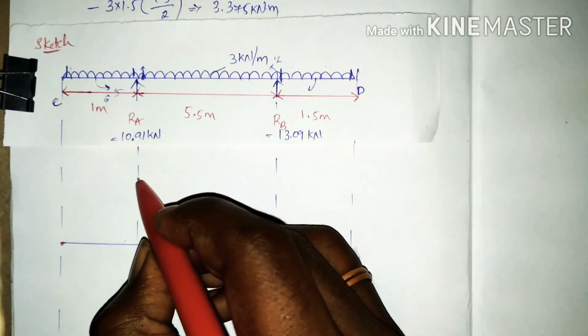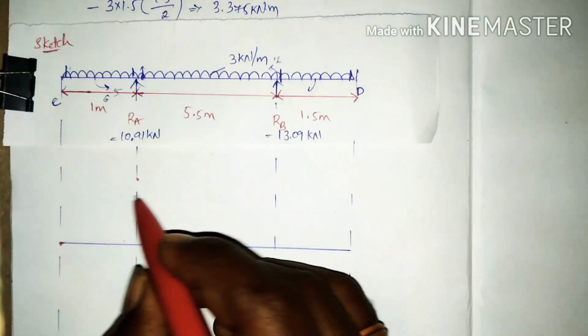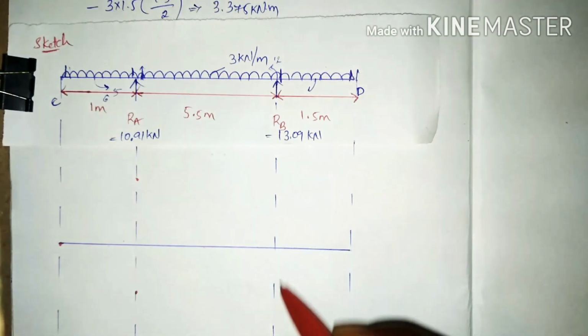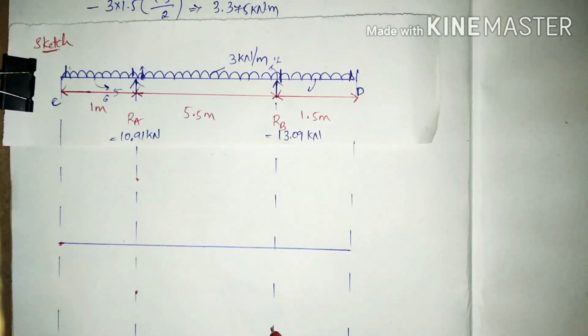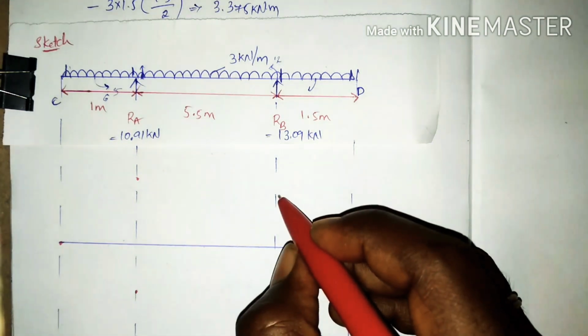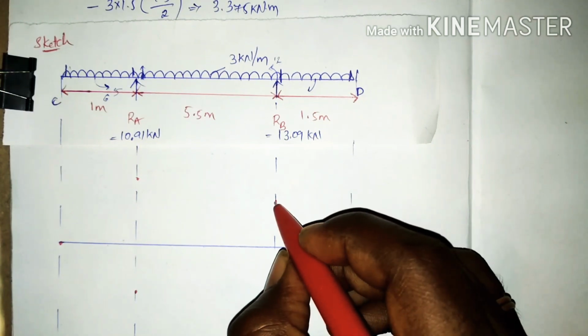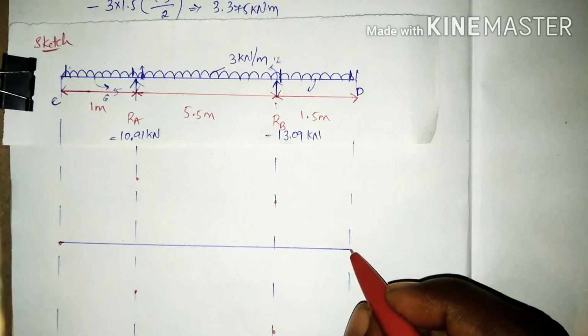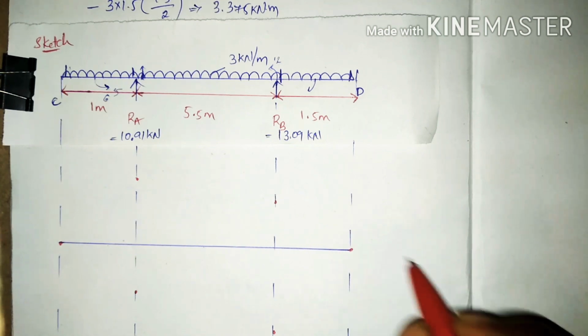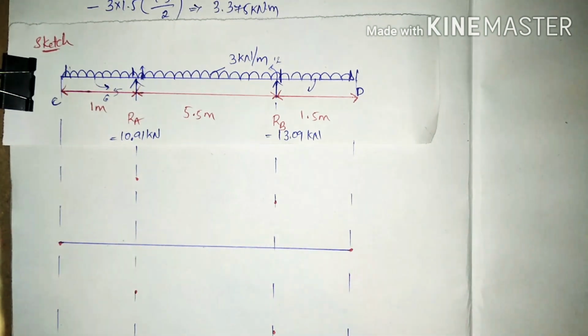Let us have this point here, and moving on to the B, for the left, we are having a -8.59. Let it be here, and moving on to the right of the B, we are having a 4.5, and moving on to the D, we are getting a 0, that is for the right of the D. By joining these points, we are getting the shear force diagram.